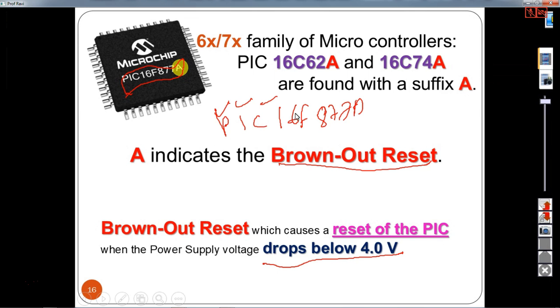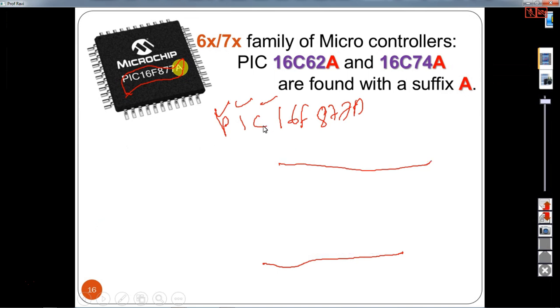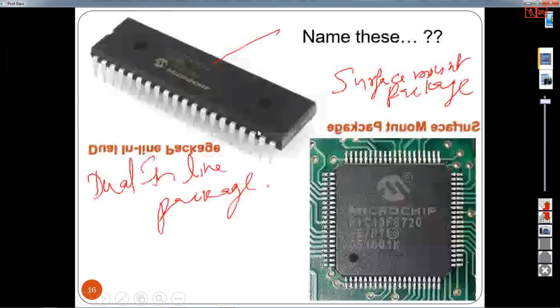So here F stands for what? F is flash ROM. The on-chip memory is flash. And then this A is brown out reset. So what do you mean by brown out reset? A facility which causes the reset of the chip when the power supply drops below 4 volts.